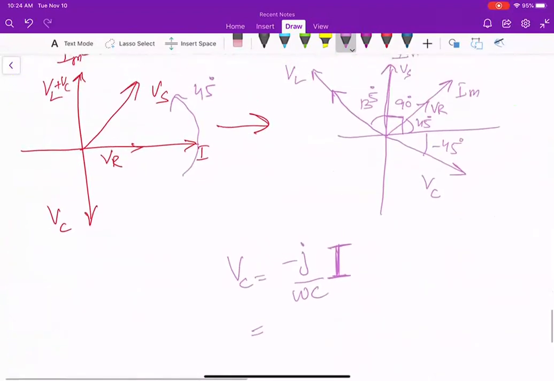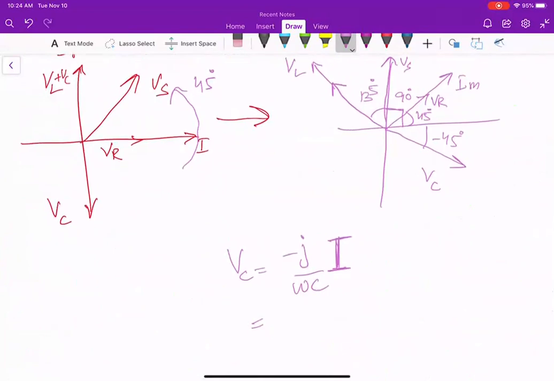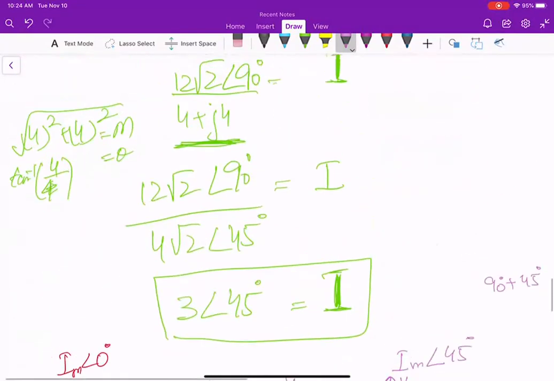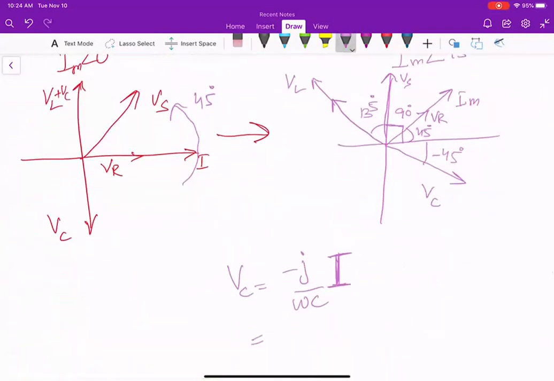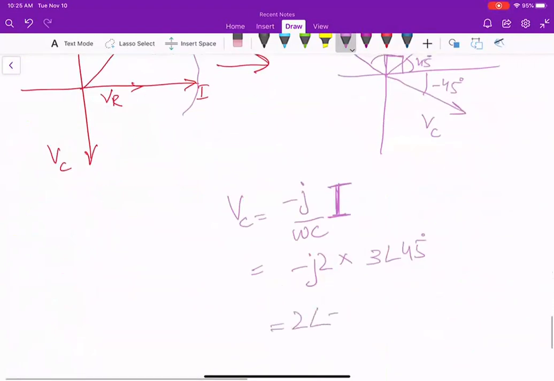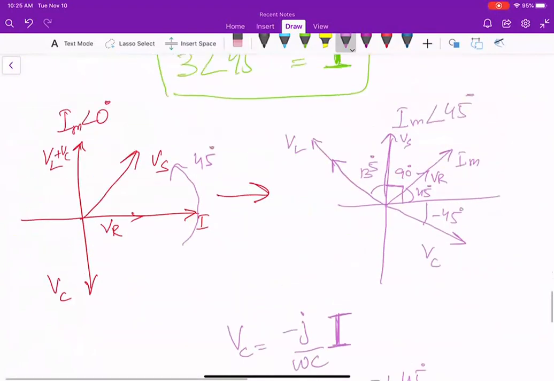Minus j over omega C is becoming minus j2, I think. Minus j2 times I, which is 3 at 45 degrees. So you can write this as 2 at minus 90 times 3 at 45 degrees, which will become 6 at minus 45 degrees. Sounds good?